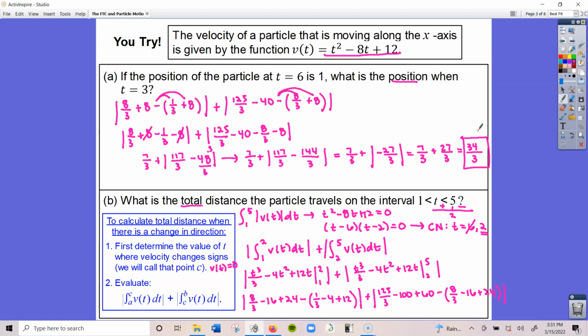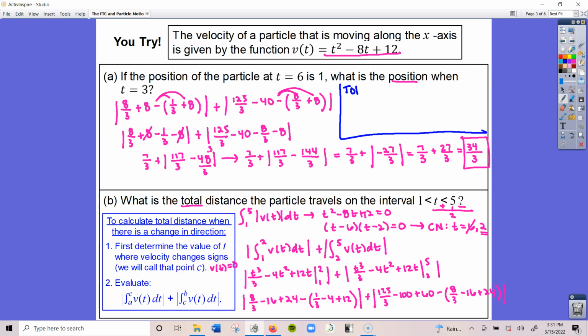So bottom line, when you're trying to find total distance, make sure you first check when velocity changes signs, and then you're going to get the absolute value of the integral of both from where it changes and add them together. Keep in mind that this is very similar to what we got for total distance when we were learning derivatives.